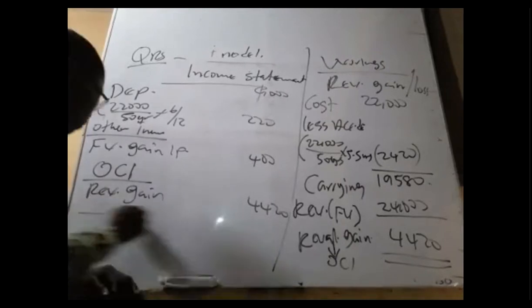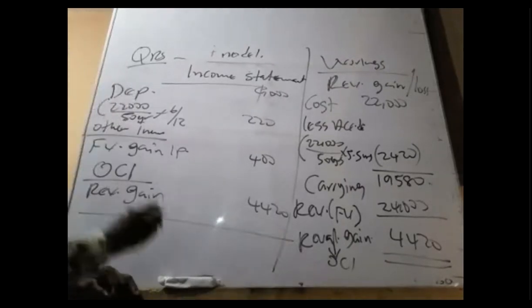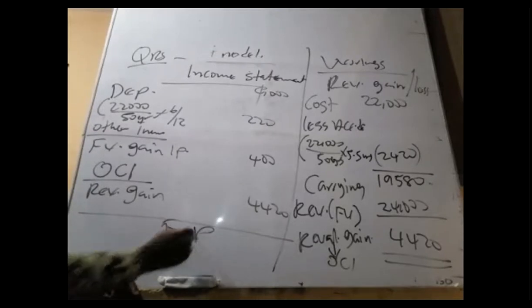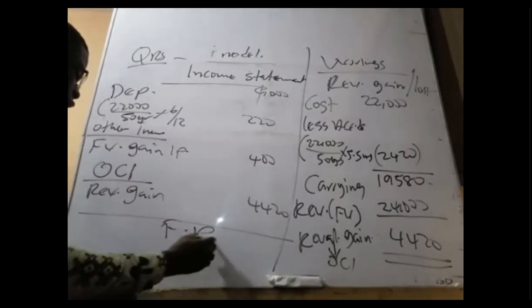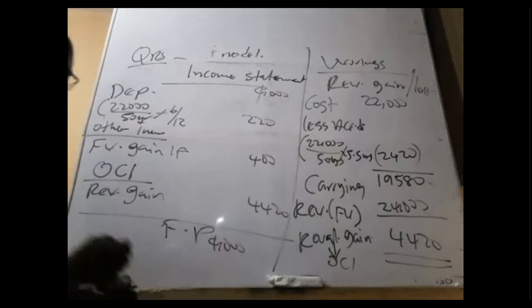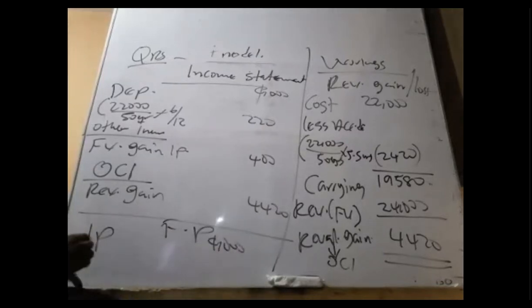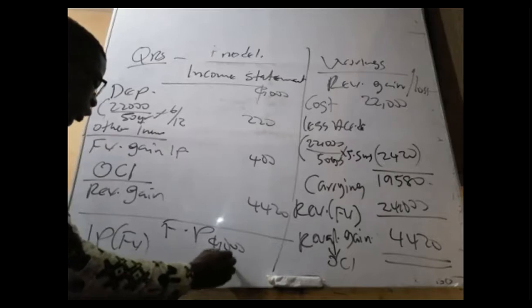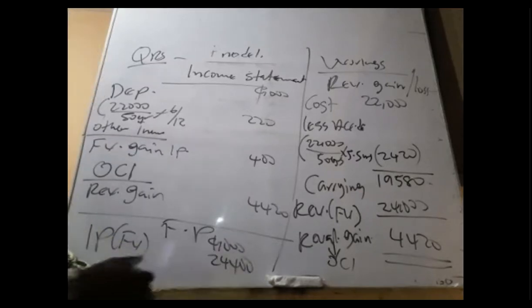The balance sheet is so straightforward. Assuming this is the statement of financial position, just bring your currency. Investment property, in brackets at fair value. Just pick the fair value at the end of the reporting period, which is 24,400. That is all.